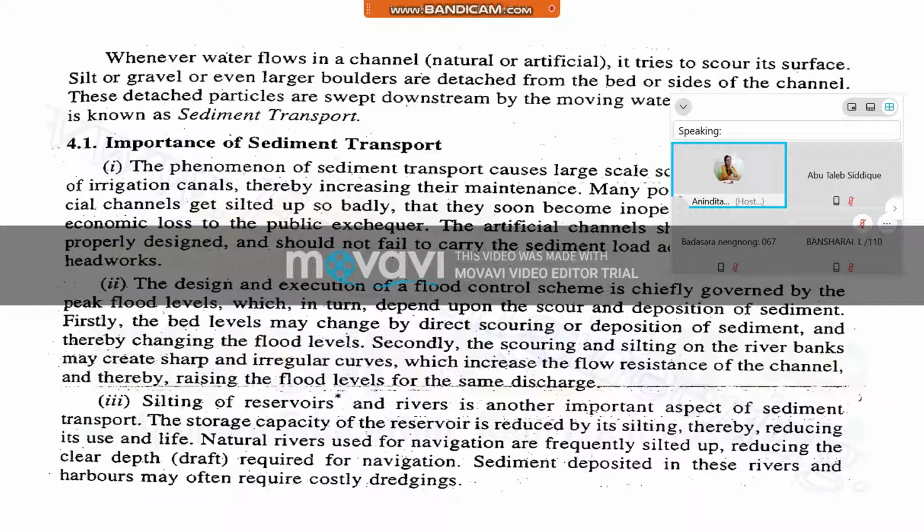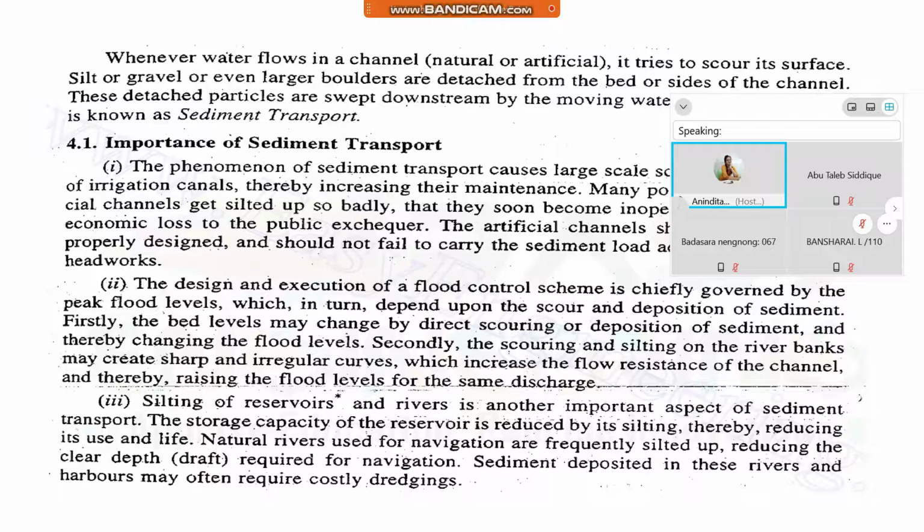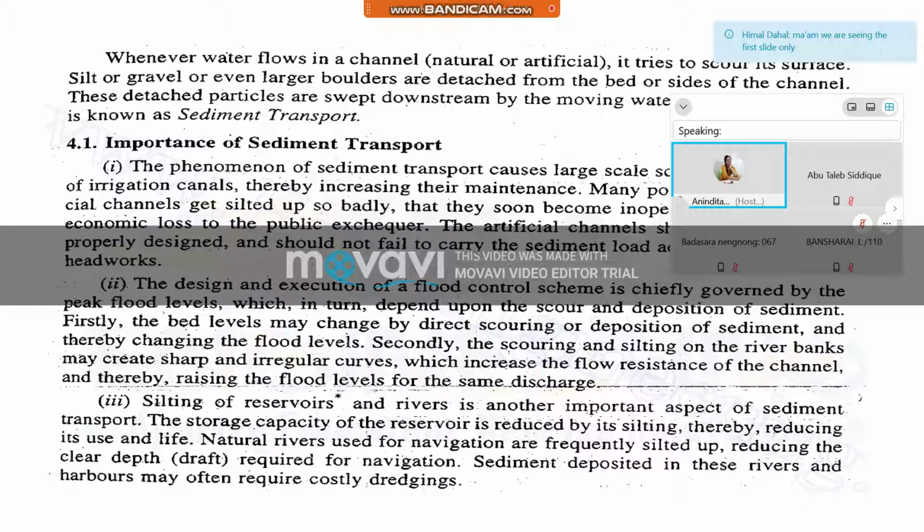The third point is silting of reservoirs and rivers is another important aspect of sediment transport. The storage capacity of the reservoir is reduced by its silting, thereby reducing its use and life. Natural rivers used for navigation are frequently silted up, reducing the clear depth or draft required for navigation.